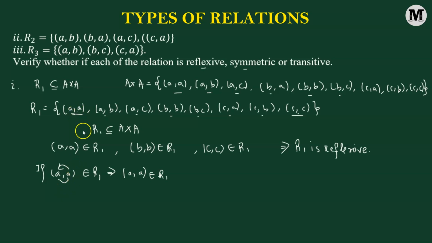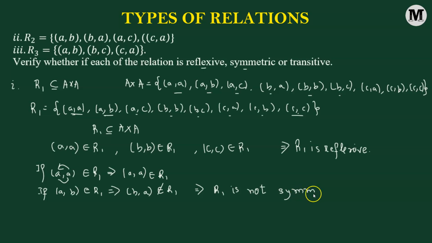Next, if we take the element A comma B, and say that A comma B belongs to the relation R1, is it true that B comma A belongs to R1? We have to check whether B comma A belongs to R1. We see here that there is no such ordered pair as B comma A. So B comma A does not belong to R1, and that's telling us that our relation R1 is not symmetric.